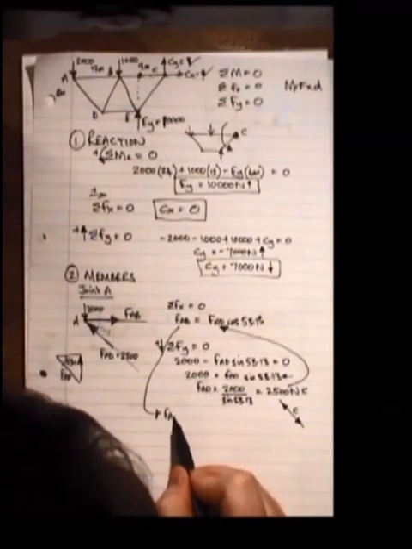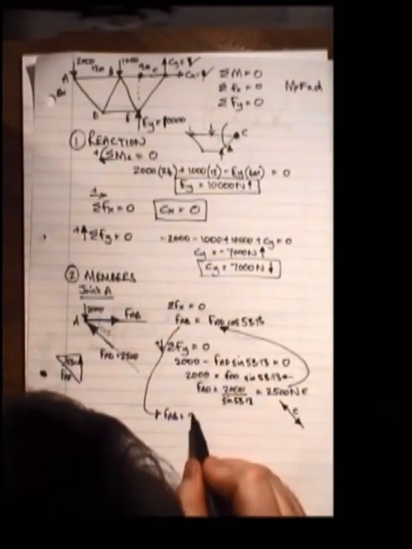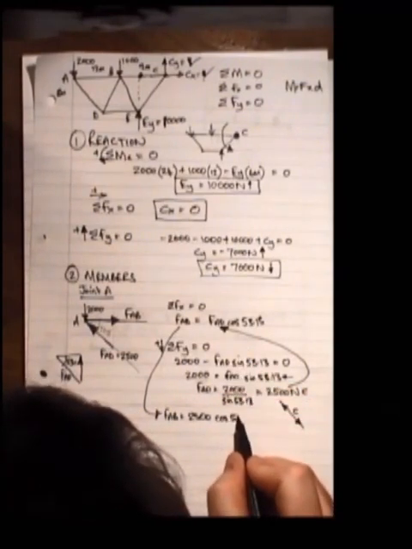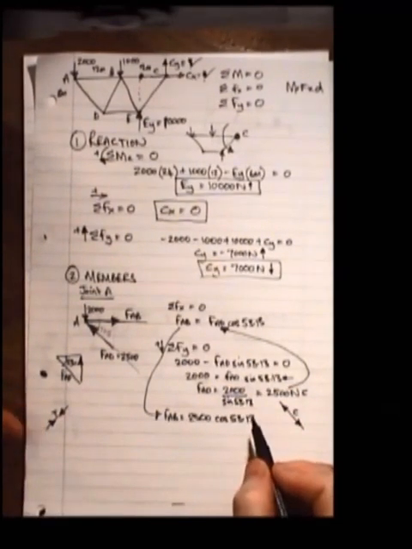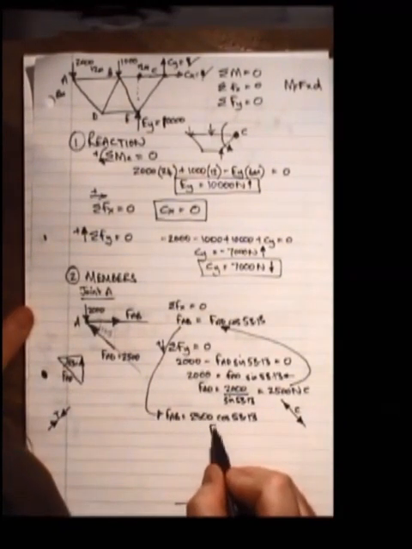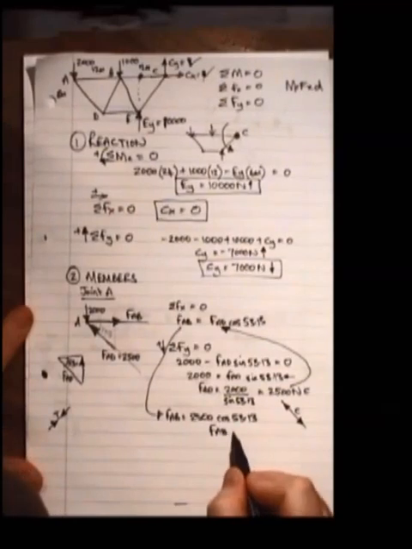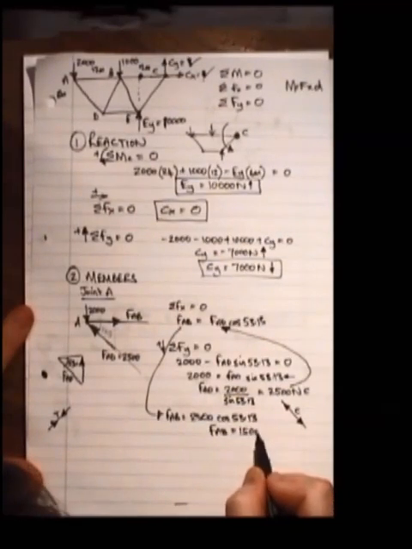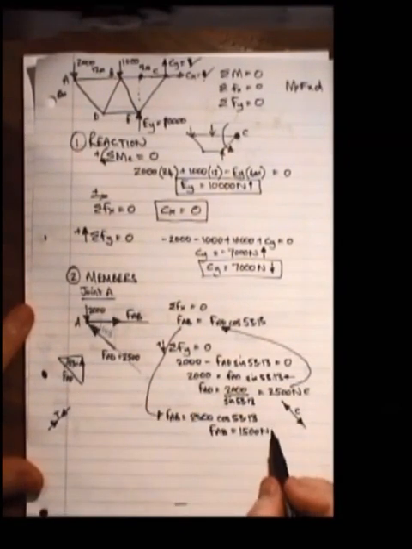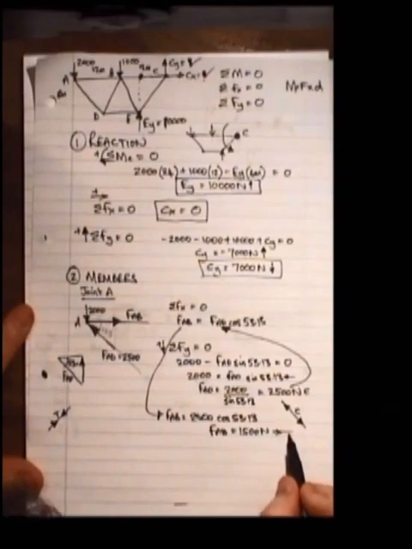So FAB equals FAD's 2500 cos 53.13, and you'll find that FAB equals 1500 newtons, and you can see here that FAB, it's pointing inwards, so it's in tension.